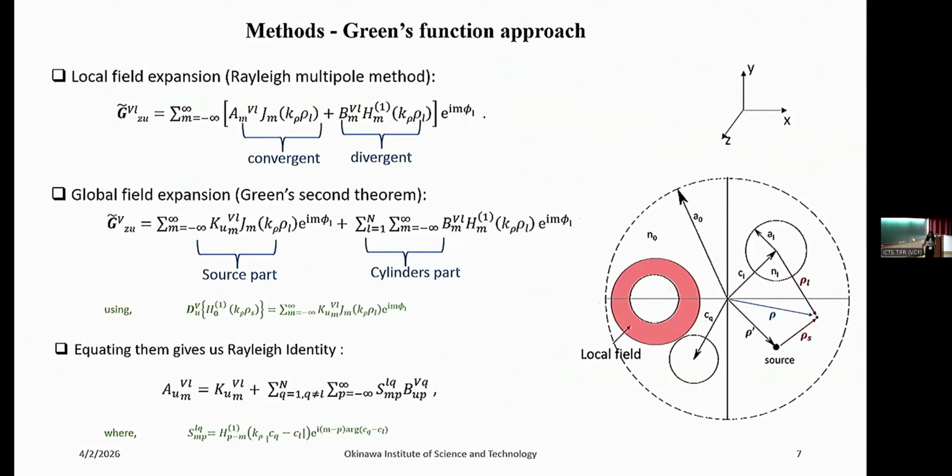So we can equate them, and we get this Rayleigh identity. And this gives us the relation between these scattering coefficients A and B. So the goal is to calculate all these scattering coefficients, so that using them we can calculate the Green's function.